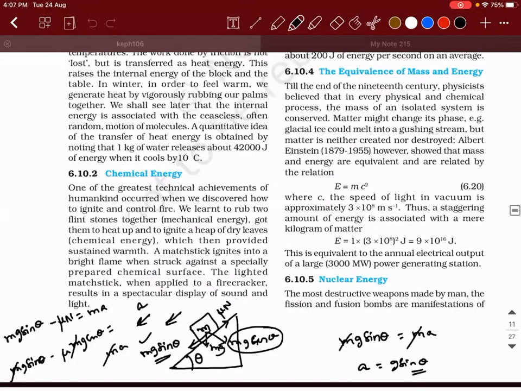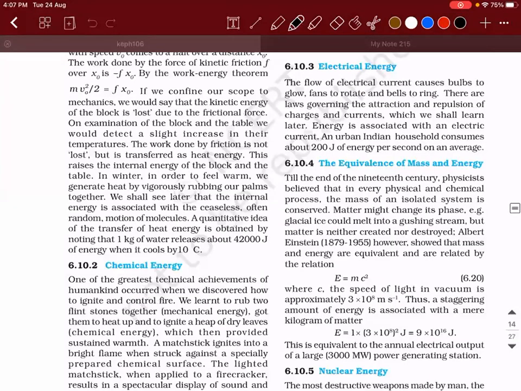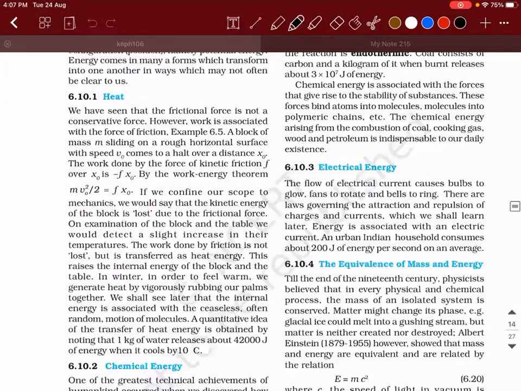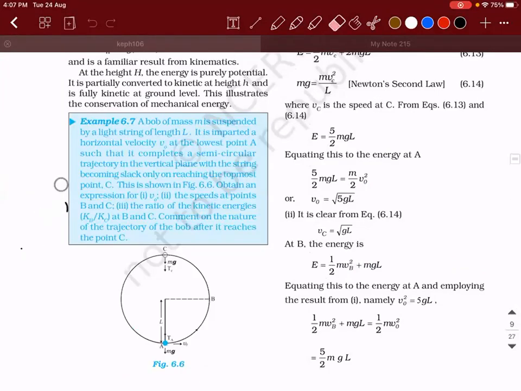Wait, I'll show you this problem. Okay, so this problem is a concept which is based on application of the circular motion.